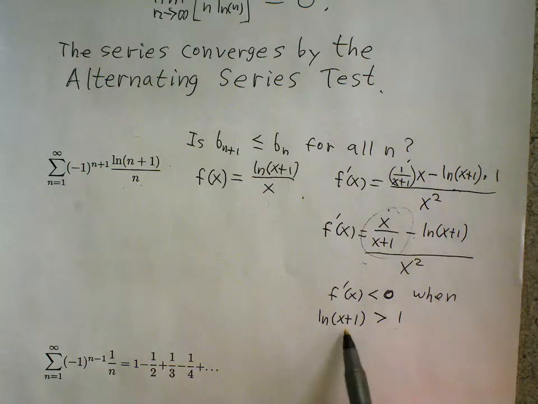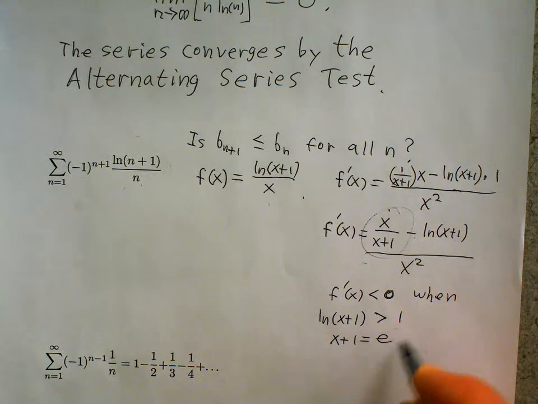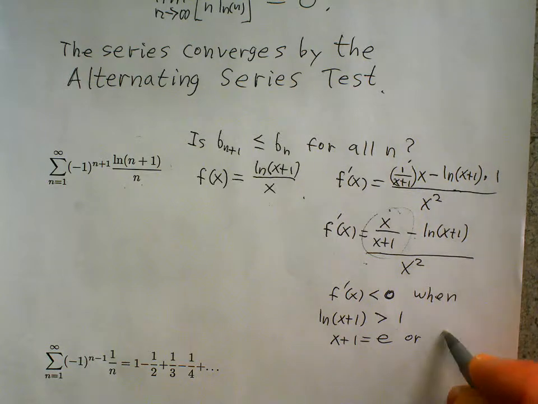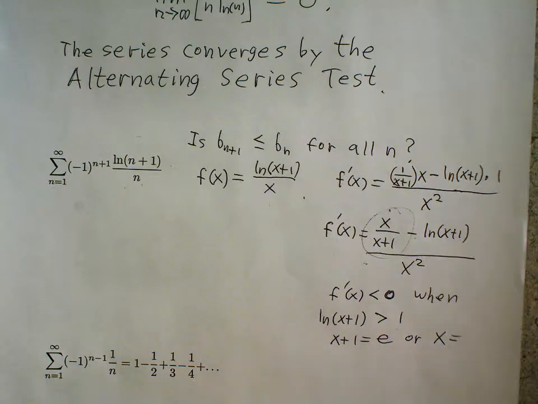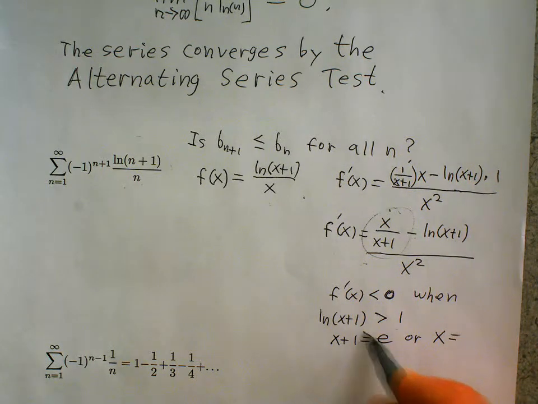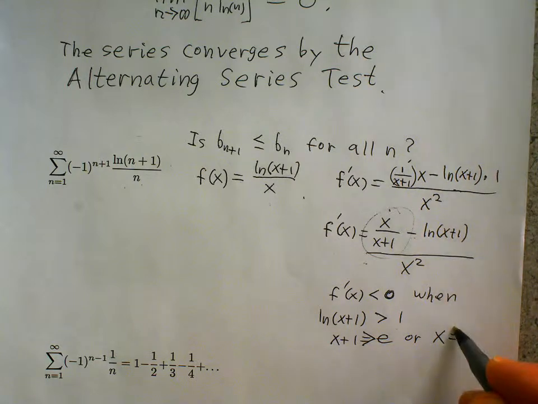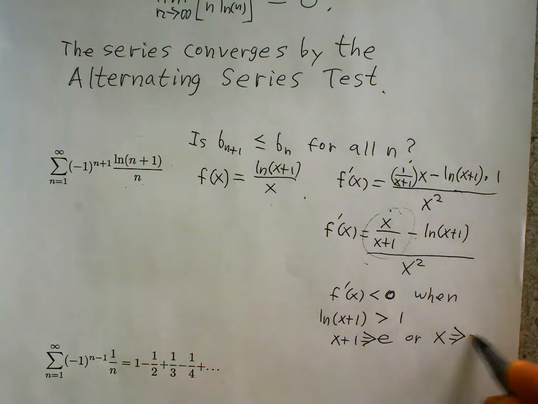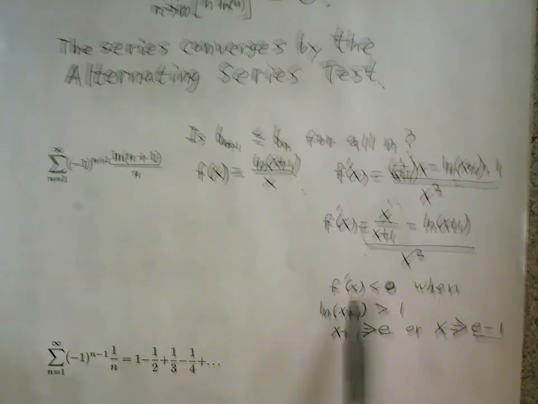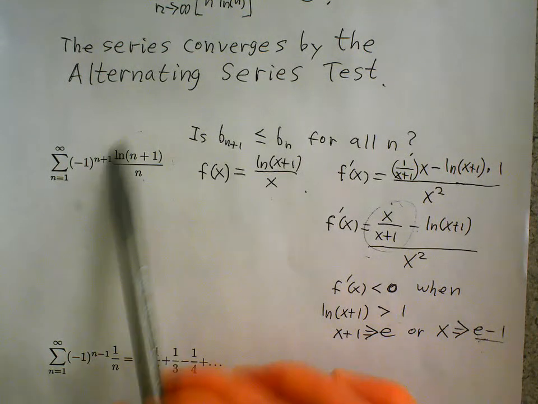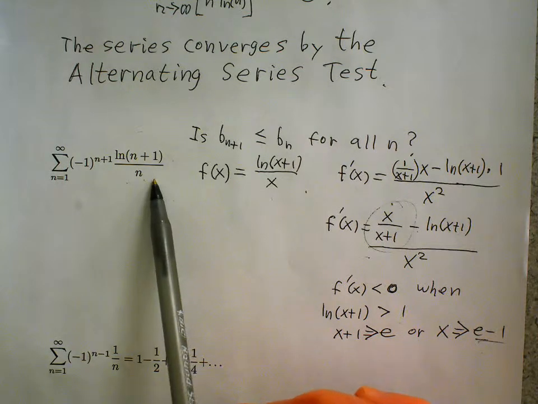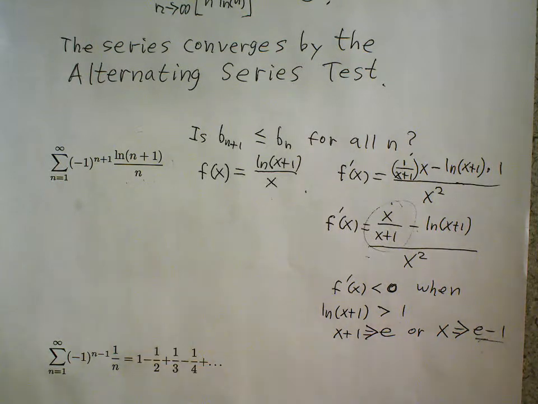So that's when x plus 1 is greater than e, or x is greater than e minus 1, which is about 1.7. So the terms in the series do decrease as n increases.